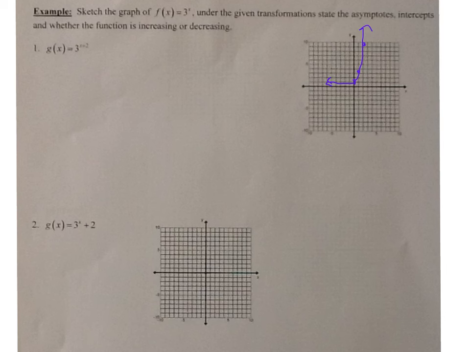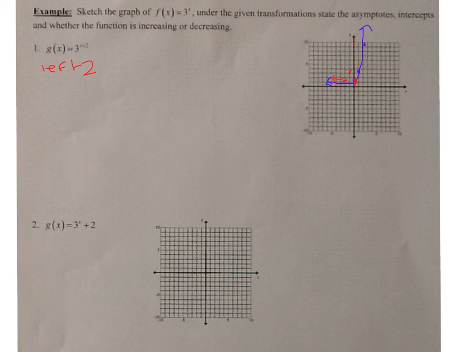Okay, so now I want g of x is equal to 3 to the x plus 2 power. So that means I am shifting to the left 2. All right, so start on your (0, 1), which is right here, and you're going to go over 2 units and put your point, and do each point. Move over 2 units.